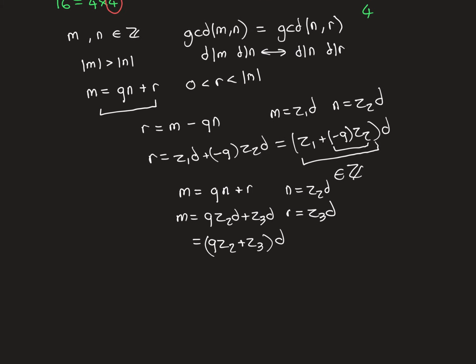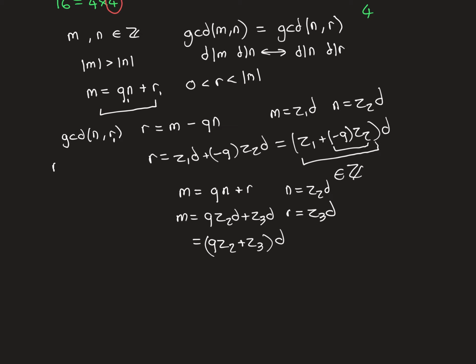Now, what we do is another round of this. So to find the GCD of n and r, I'm now going to label this R1 because, of course, we're about to do Euclidean division again to get new quotients and new remainders. So let's subscript these Q1 and R1 here.